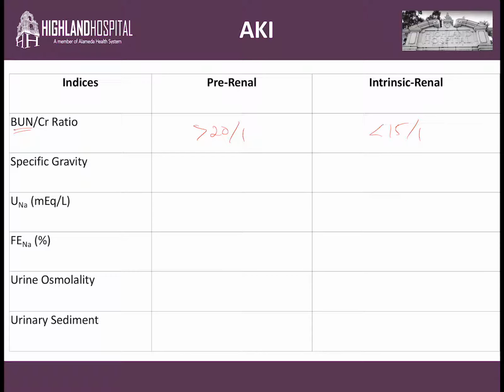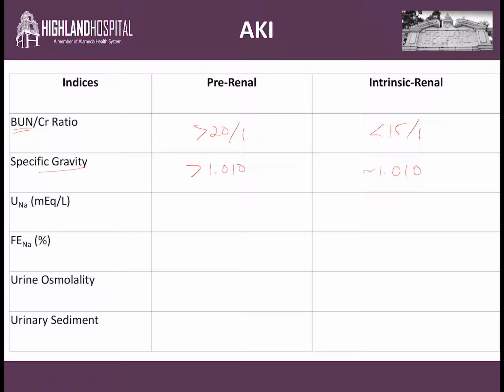We could think about something called specific gravity. This is kind of a surrogate for how to think about your kidney concentrating urine. So in pre-renal, it's going to be greater than 1.010, or 1010, the 1010 rule. Whereas here, if you have damage to the kidneys, it's going to be about 1.010.